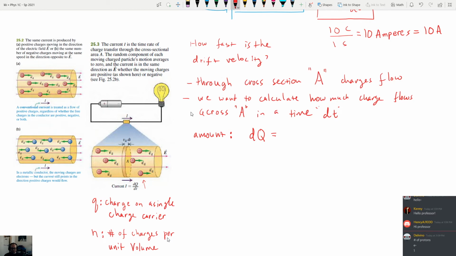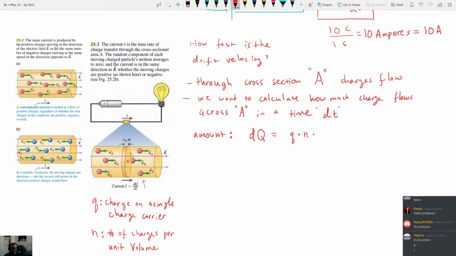If I want to know how many charges flow from the left side to the right side, I take the charge on a single carrier and multiply by the number of charges per unit volume, and then multiply by the actual volume in that regime.